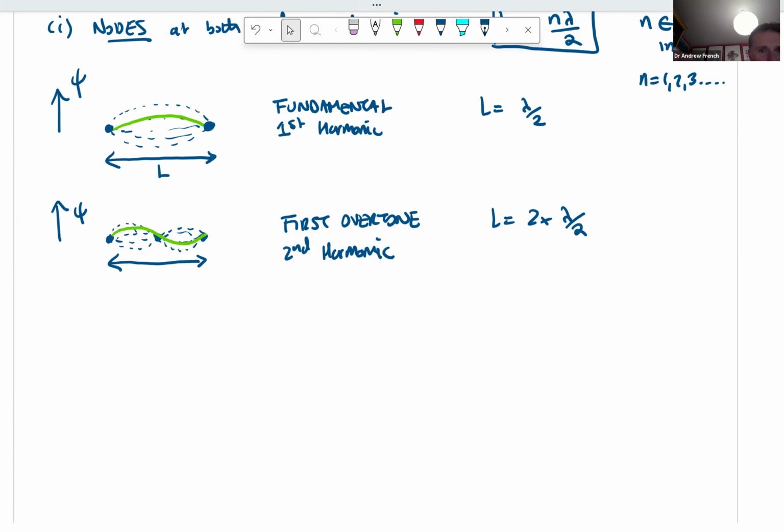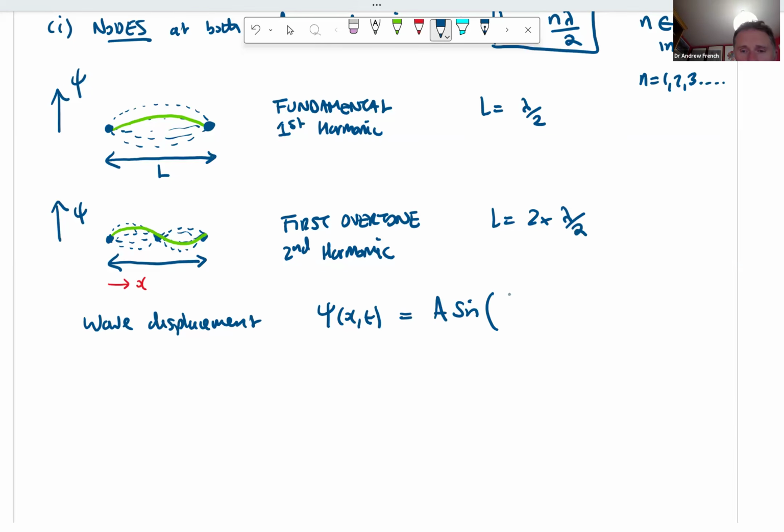So let's write down a mathematical expression for the wave displacement. What do we want? We want the wave displacement as a function of x and time. So let's define what we mean by x. How about x being from here? So what's that going to be? It's going to be our maximum amplitude, let's call that A, and then we've got a sine wave.